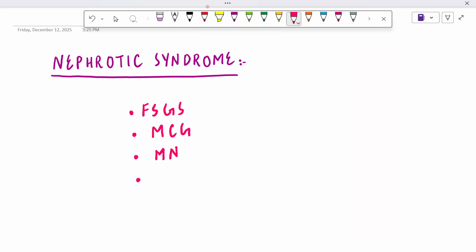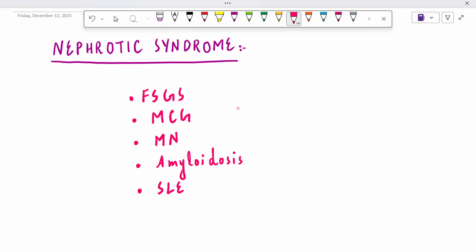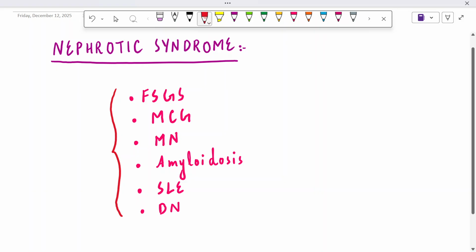And other systemic diseases like amyloidosis, which is also included in nephrotic syndrome because amyloidosis can damage the kidneys. The next is systemic lupus erythematosus, which we call lupus nephritis. Last but not least is diabetic nephropathy. So this is the overview of the diseases included in nephrotic syndrome.